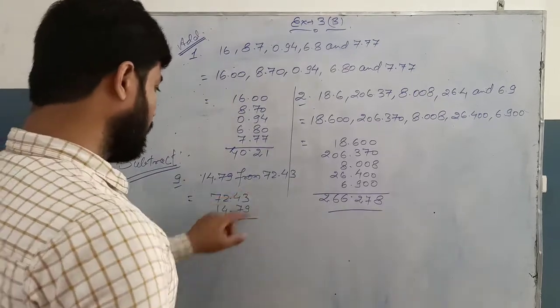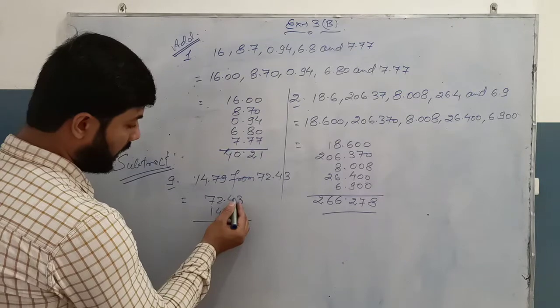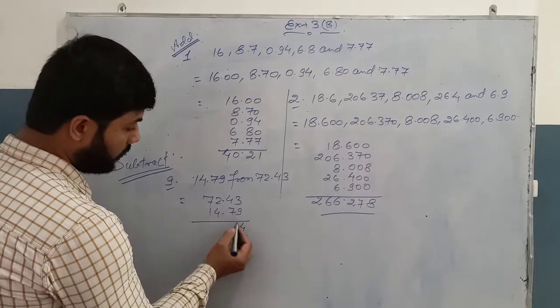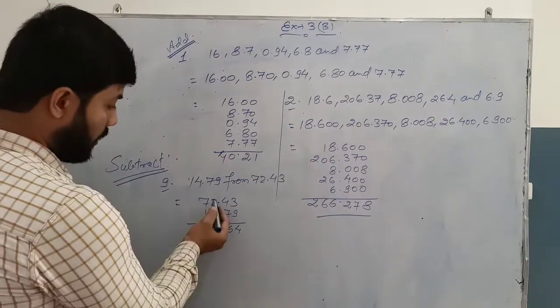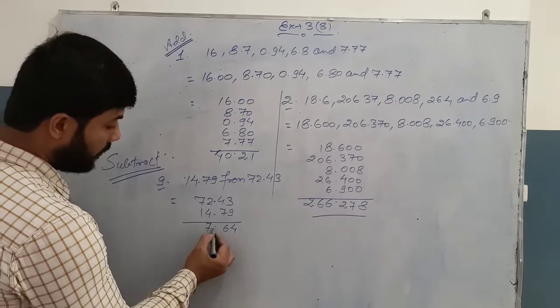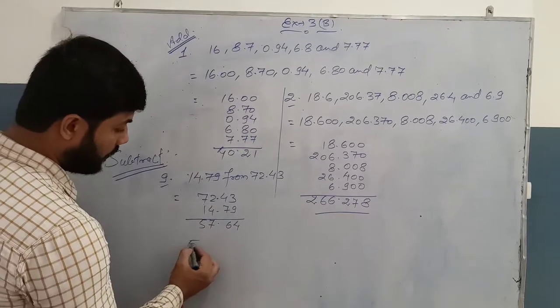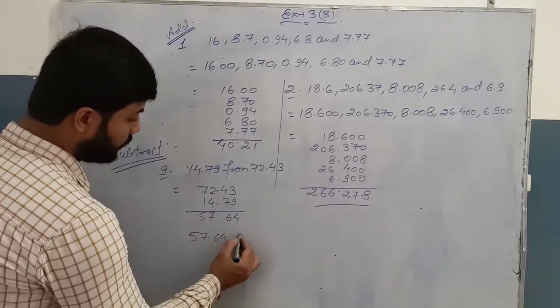Now 13 minus 9, 4, here 3 will take 13. So 13 minus 7, 6, here 1 will take 11, 11 minus 4, 7, here 6 minus 1, 5. So the result is 57.64.